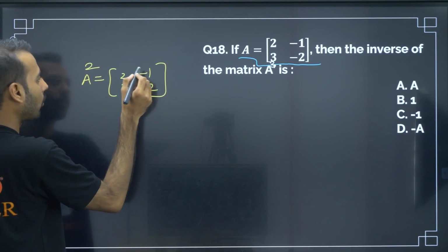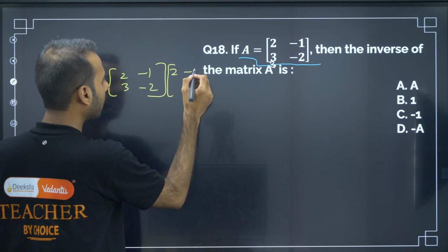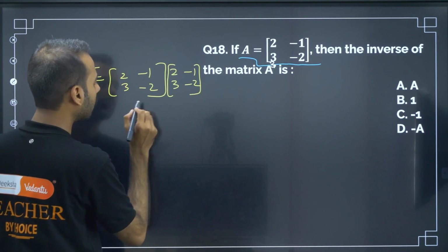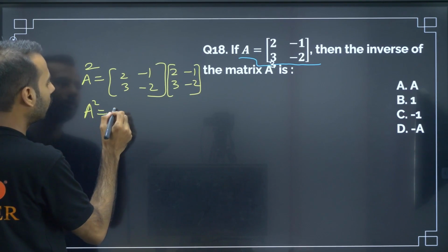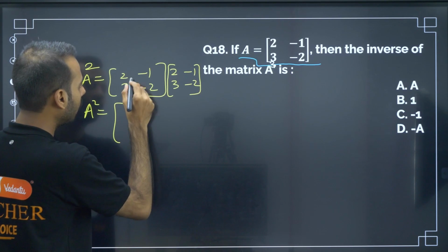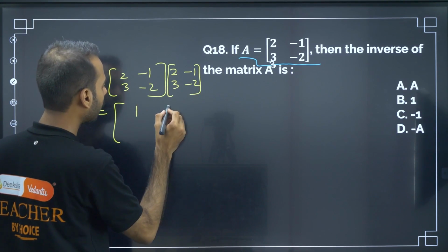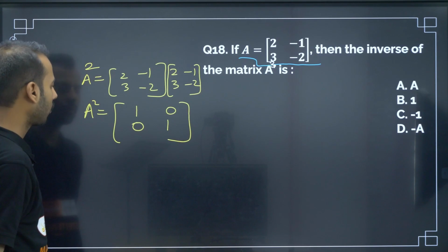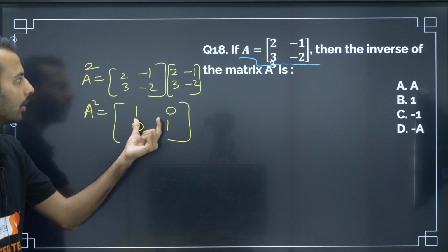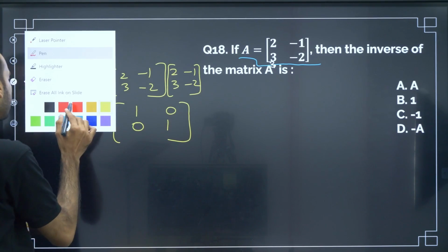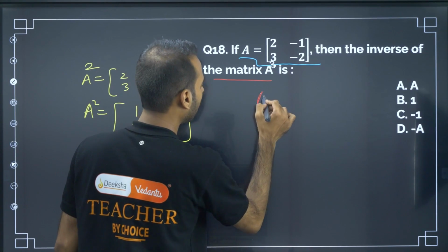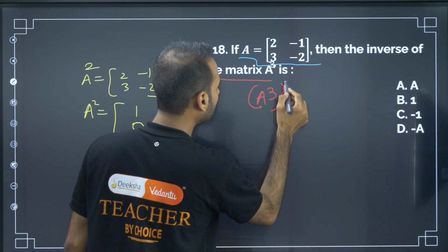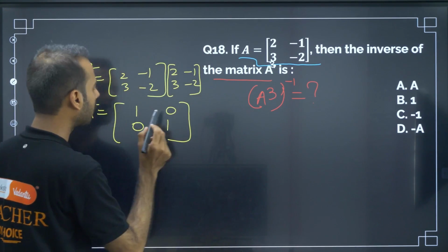If I go for A square, then [2 -1; 3 -2] times [2 -1; 3 -2], so A square is equal to [1 0; 0 1]. So A square is this one. What are they asking? They are asking the inverse of the matrix A cube.